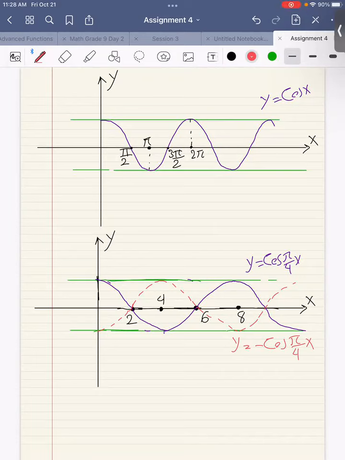And then finally, the last step is a vertical translation upward, 1 unit. And I leave it to you, okay? I mean, that's easy.